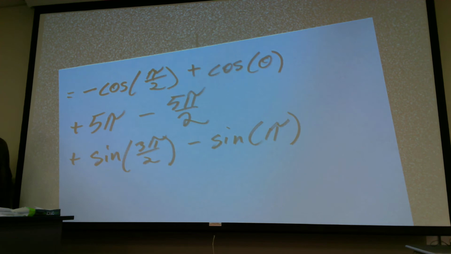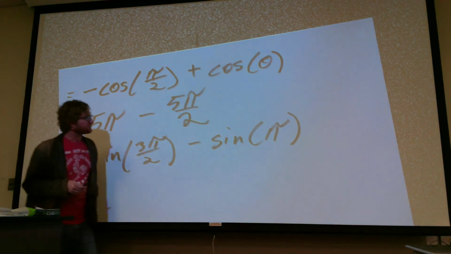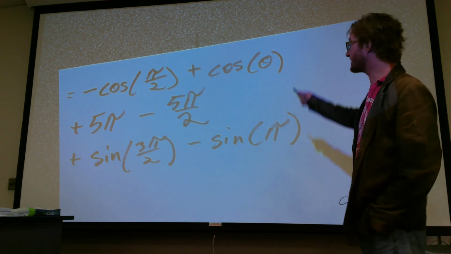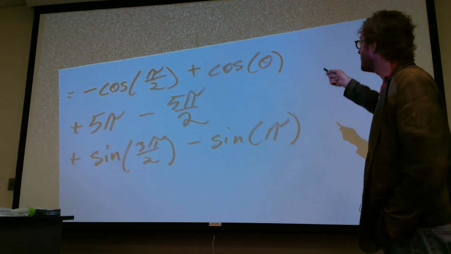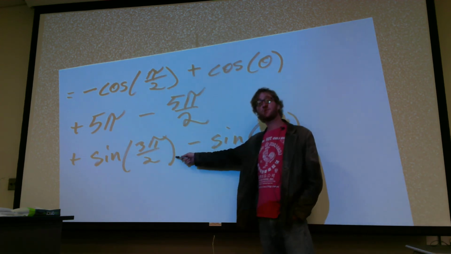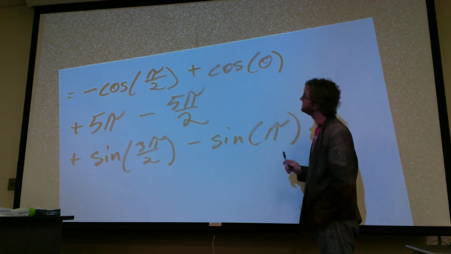So negative cosine of pi over 2. Cosine of pi over 2 is going to be 0. Cosine of 0 is 1. And then sine of pi is going to be 0, and sine of 3 pi over 2 is going to be negative 1.